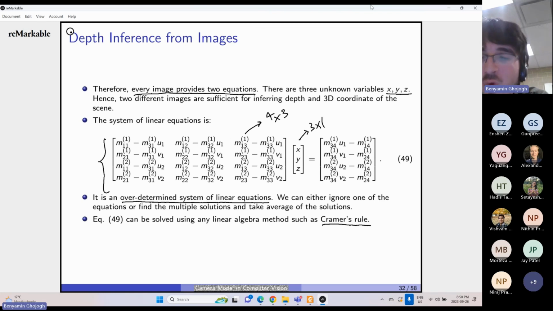Now, can you tell me why two eyes in our human body are enough for inferring 3D space? We just explained that. For finding three unknowns, we need two images. Each image gives us two equations.